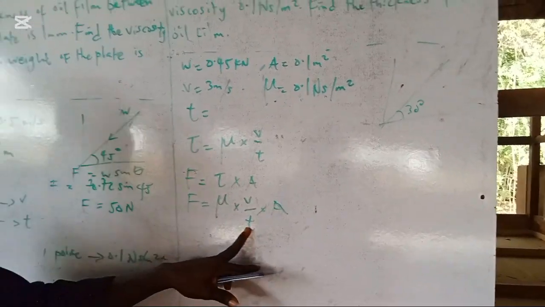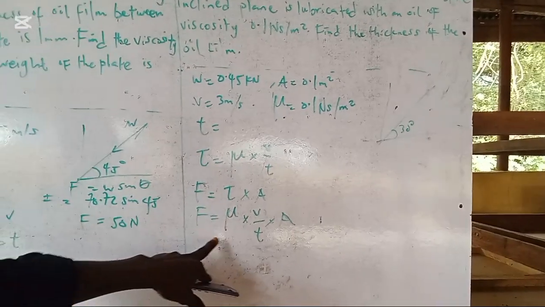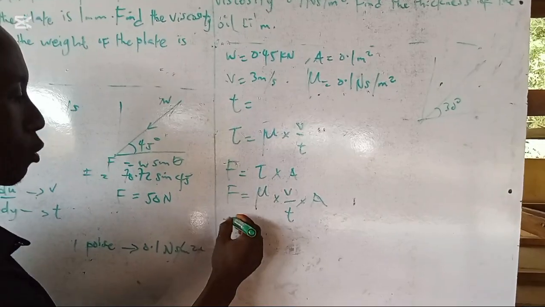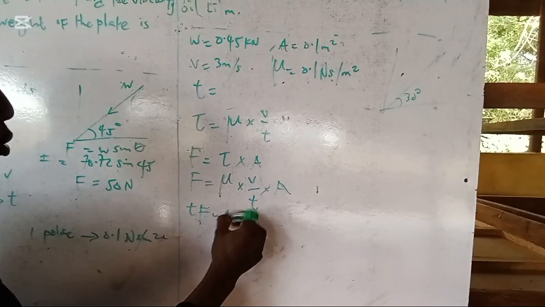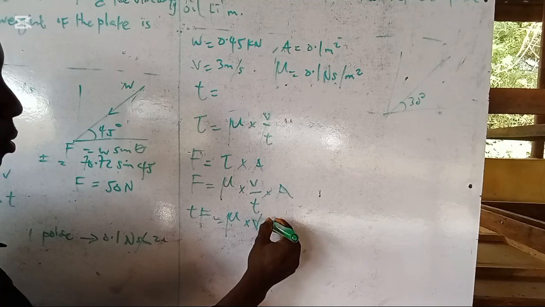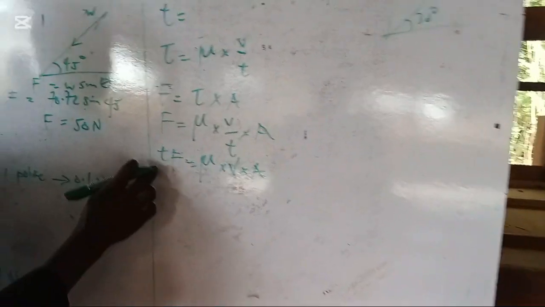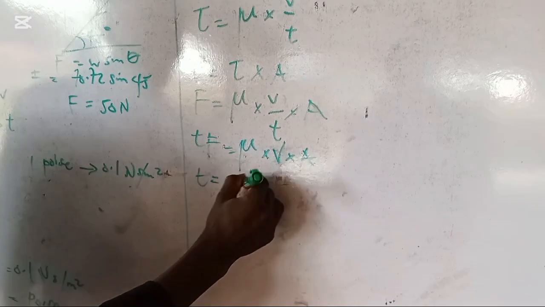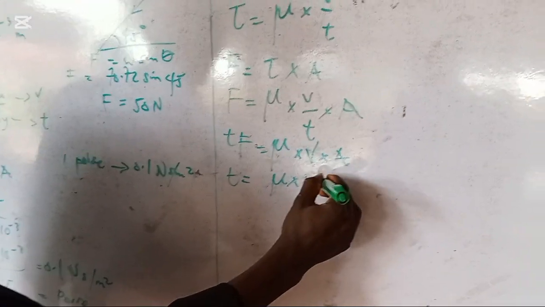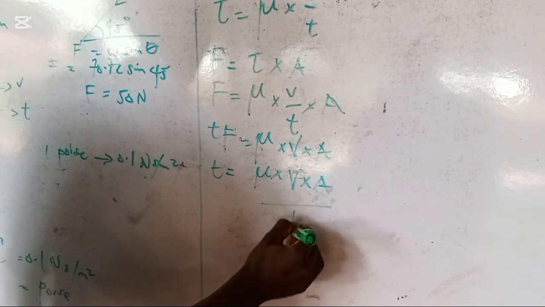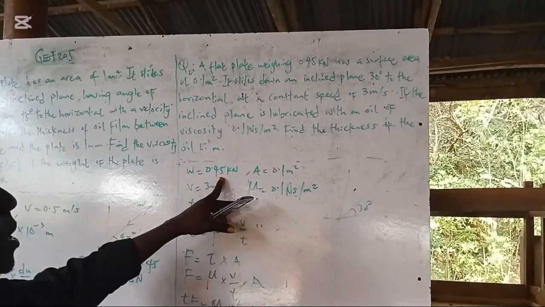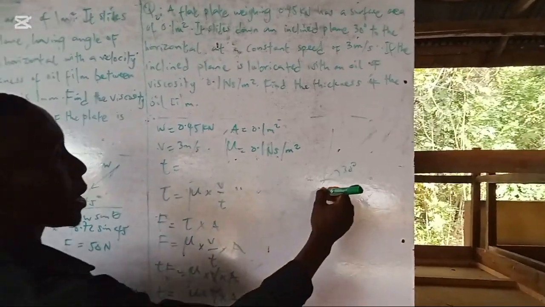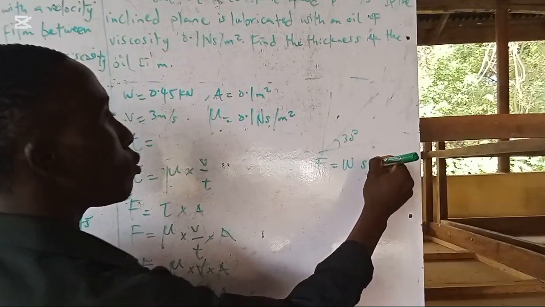From here we can make T our subject of the formula. You have T times F is equal to dynamic viscosity multiplied by V multiplied by A, so this F will come here since we need this T. Your T will be dynamic viscosity multiplied by V multiplied by A over F. But we need to get our F. Since our weight is this, our force will be equal to W sin theta.